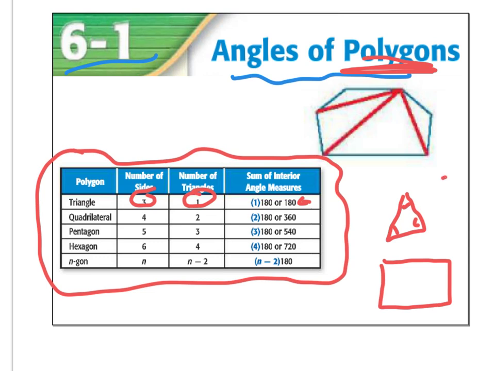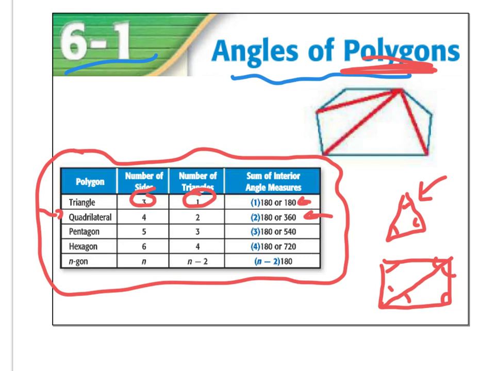So a triangle is a three-sided shape. A quad, meaning four, quadrilateral is a four-sided shape. Now if I connect these two corners, I have two triangles. So I have 180 degrees if I add up these three angles, and another 180 if I add up those three angles. So two 180s give me 360 total degrees if I add up all of the angles in a quadrilateral.